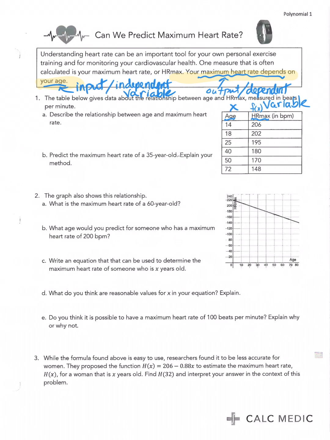In other words, that is the same thing as y. f of x is equal to y, because we know that in function terminology. So if our age is 14, that's going to give us a max heart rate of 206. If it's 18, 202, and so on. These all represent coordinate pairs as well, which we can then use to graph.